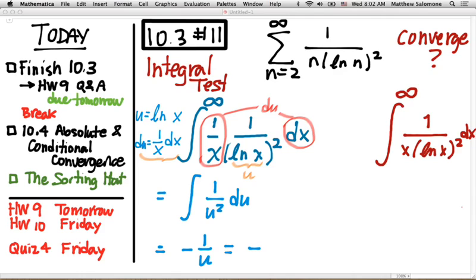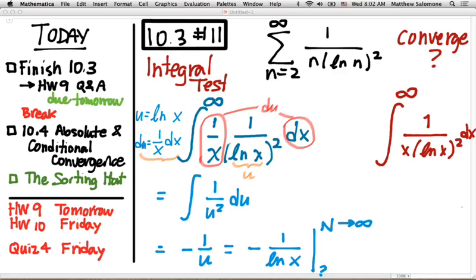So let's do that now. Minus 1 over the natural log of x. I'm supposed to evaluate that from some lower limit that I don't know and I might not care about, but definitely the upper limit has to be allowed to tend toward infinity. So using the usual improper integral trope, we're going to let this upper limit be something concrete, and then we're going to let that something go to infinity.